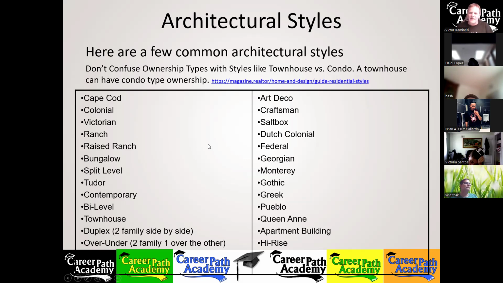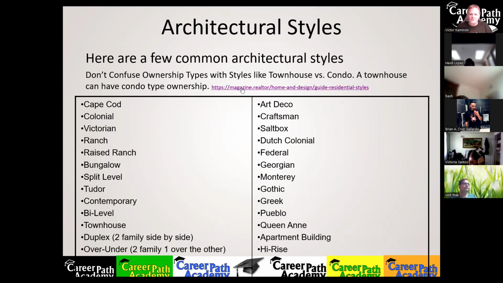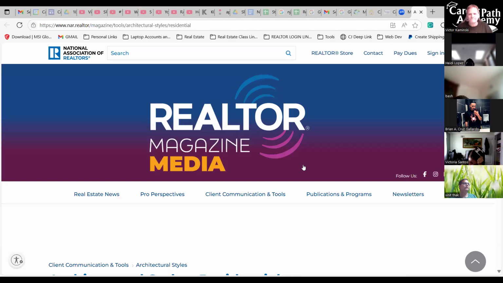Okay, this is not a full list of all different kinds of architectural styles, but probably from the most common on the left to less common, okay? But these are all common here in New Jersey. And this link will take you to the Realtors magazine on their website.